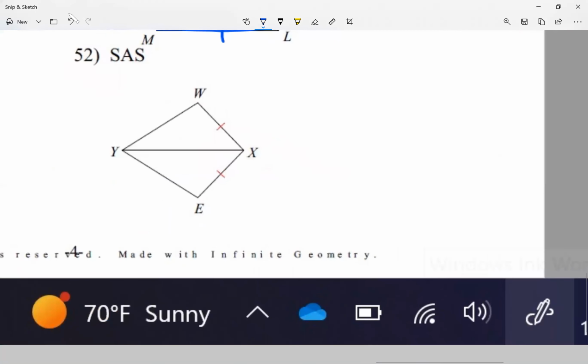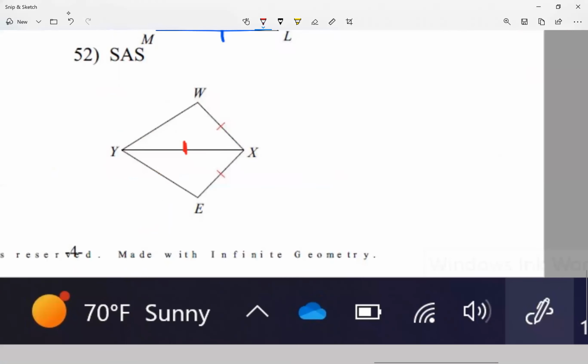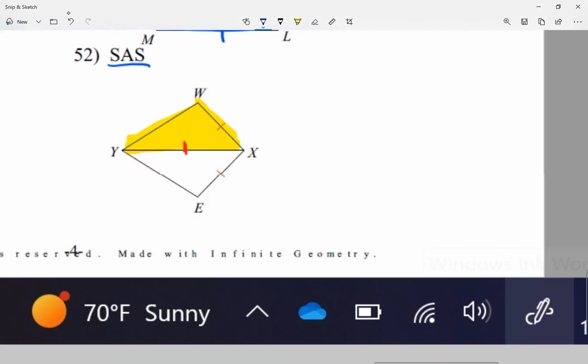Take a look at question number 52. Let me mark this side because they both share it. And let me highlight one triangle. I'm looking at this triangle. It doesn't matter which triangle of the two you pick first. Now, I want this to be side angle side. So two sides and the included angle.